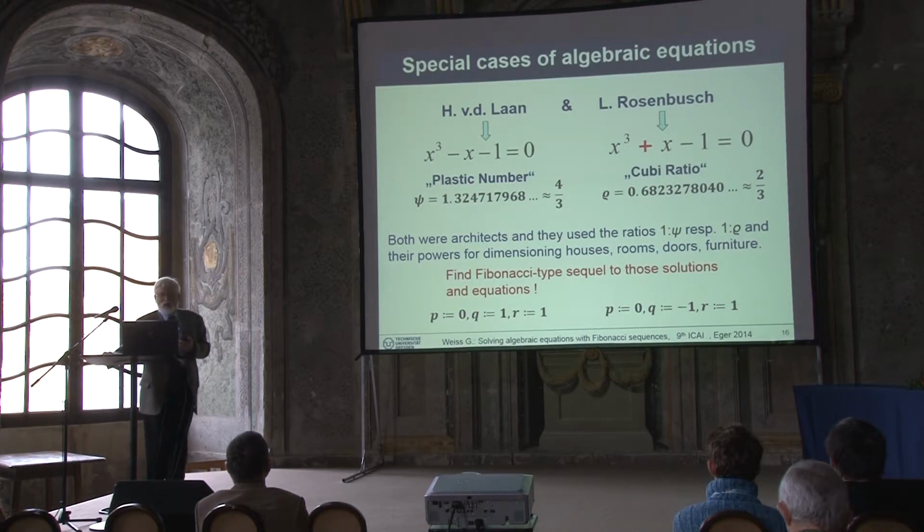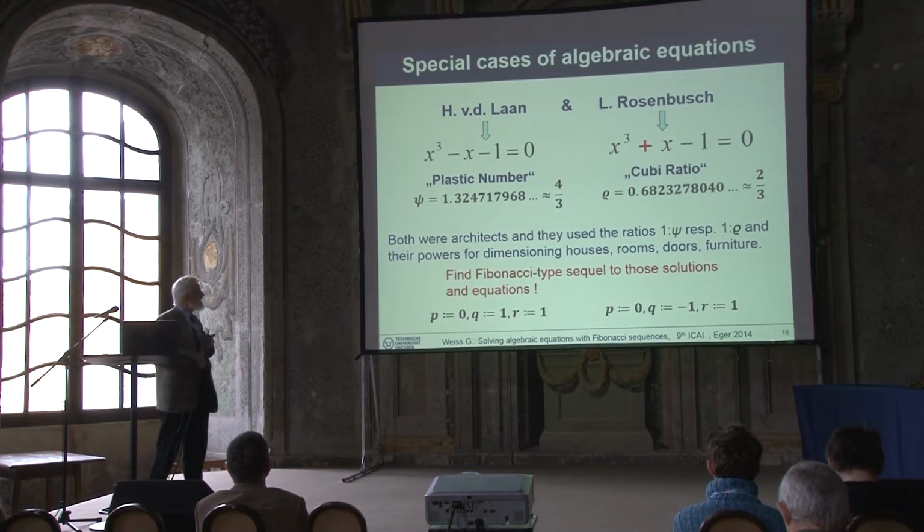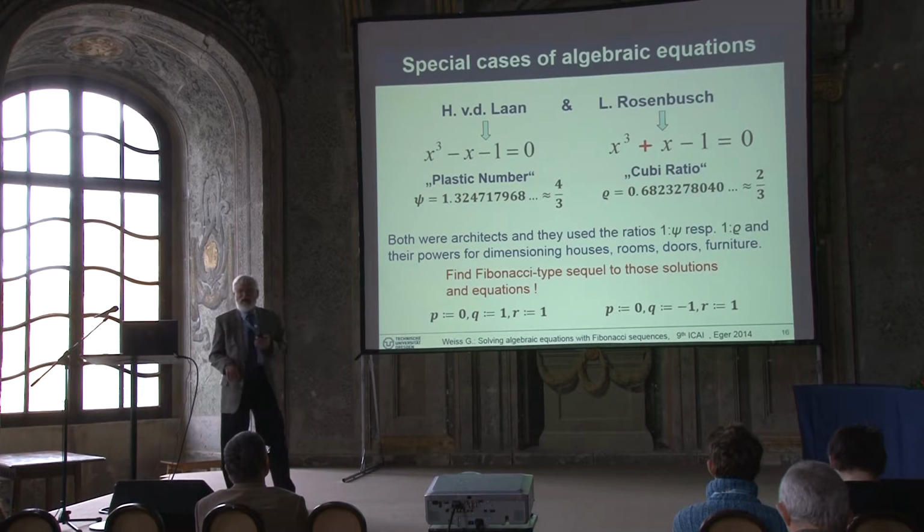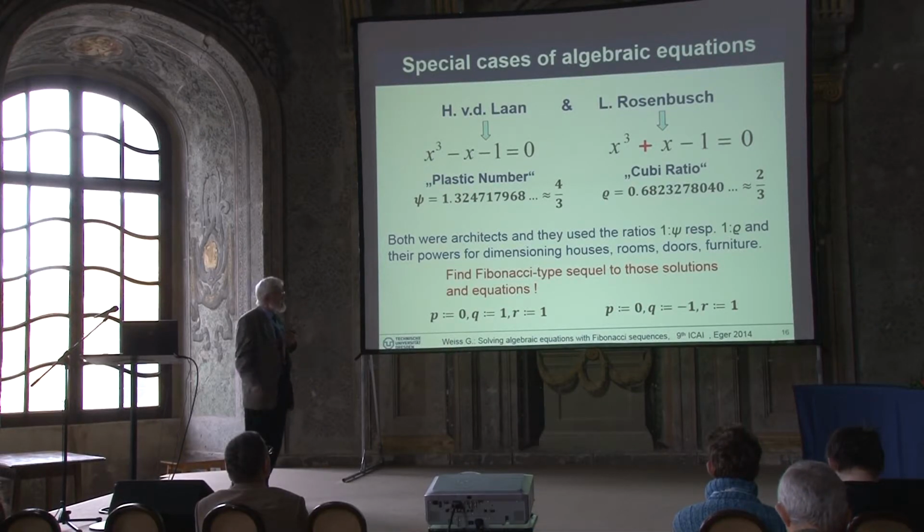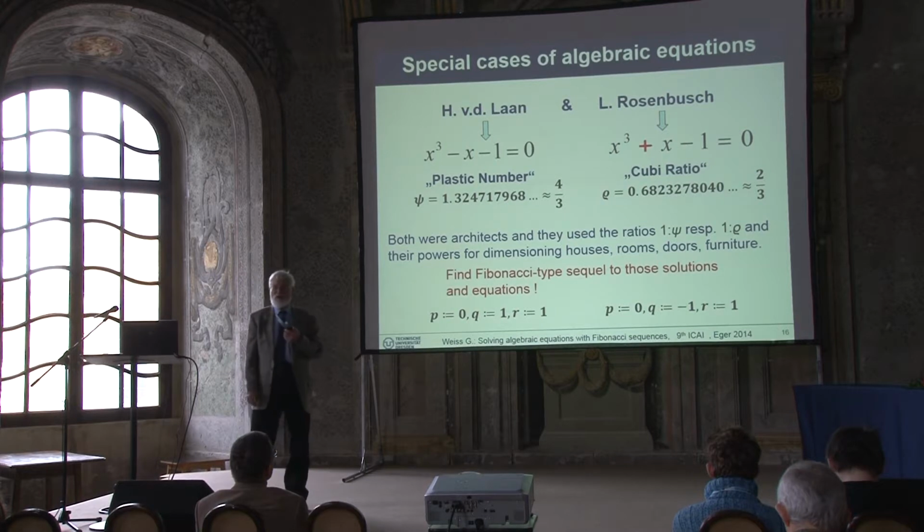Van der Laan and Rosenbusch were both architects, and they used these ratios, the solutions of their equations, to form rooms, furniture, and so on. And you see, we find Fibonacci type sequences to get those solutions. You see that the first solution is about 4/3, and the Kubi ratio of the German architect Rosenbusch is nearly 2/3.